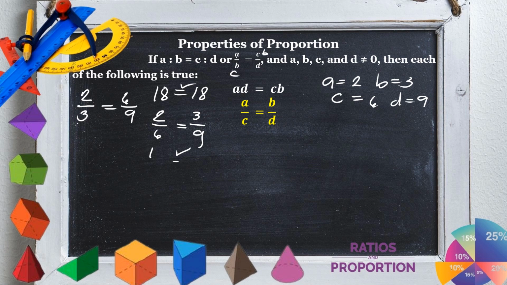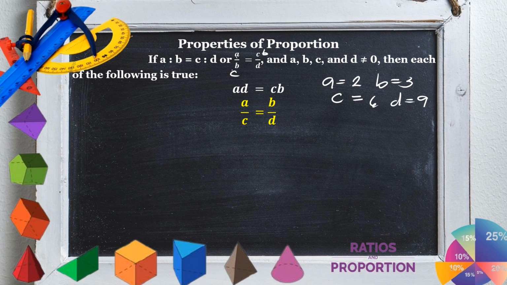Okay, we proceed to our third property. Let me erase this first. We have the inverse property. If you have A over B is equal to C over D, that is also equal to B over A is equal to D over C. Your A is 2, B is 3, so that means you have 3 over 2.